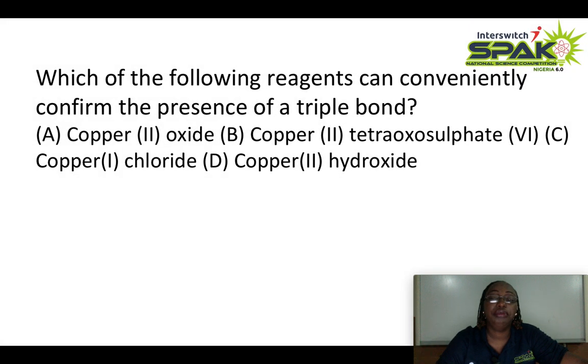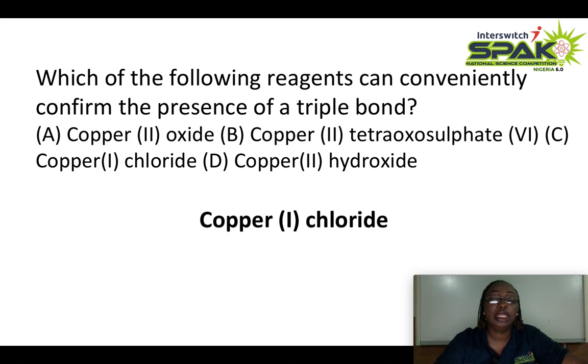Which of the following reagents can conveniently confirm the presence of a triple bond? I mentioned earlier that to differentiate an alkene from an alkyne, you can use either ammoniacal silver nitrate or copper 1 chloride. So your answer is copper 1 chloride.